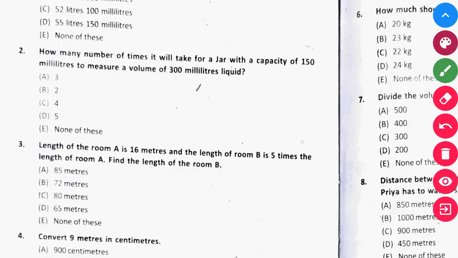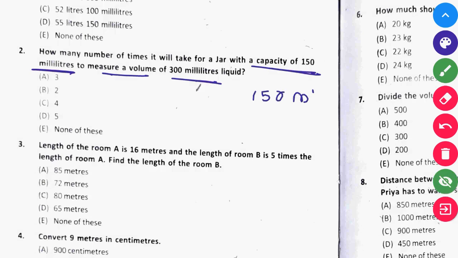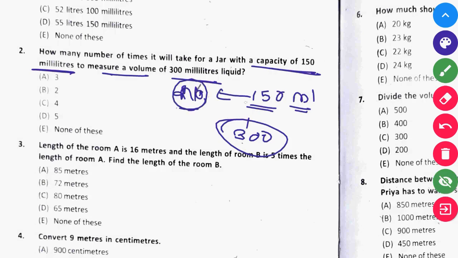How many times will it take for a jar with a capacity of 150 milliliter to measure a volume of 300 milliliter? Now, 150 to become 300, what is the number with which we can multiply this 150 so it will become 300?